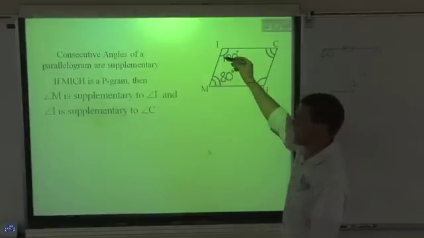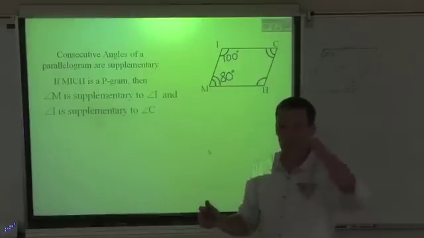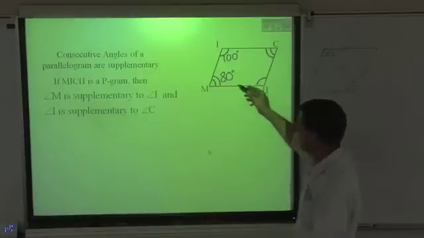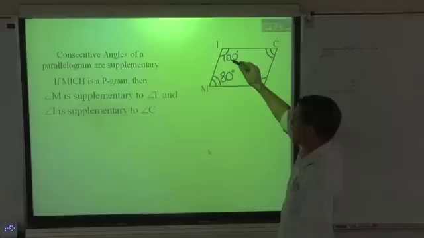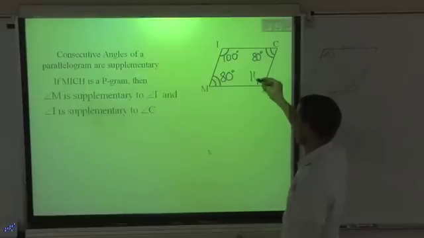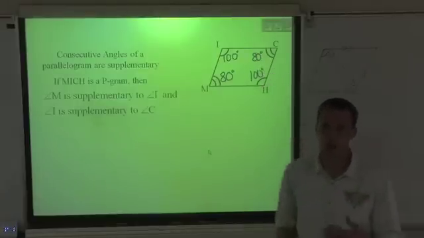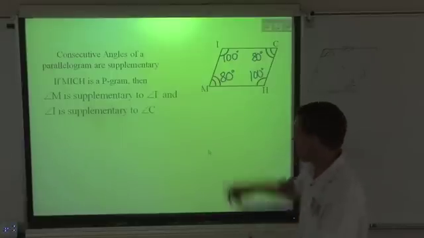Consecutive, 1, then the next one. Some people say adjacent, but they're not really adjacent. They're consecutive in order. But that means 80, 100. Consecutive angles means, well, that one has to be 80. And then this one has to be 100. This works out so that all of the consecutive angles are supplementary.